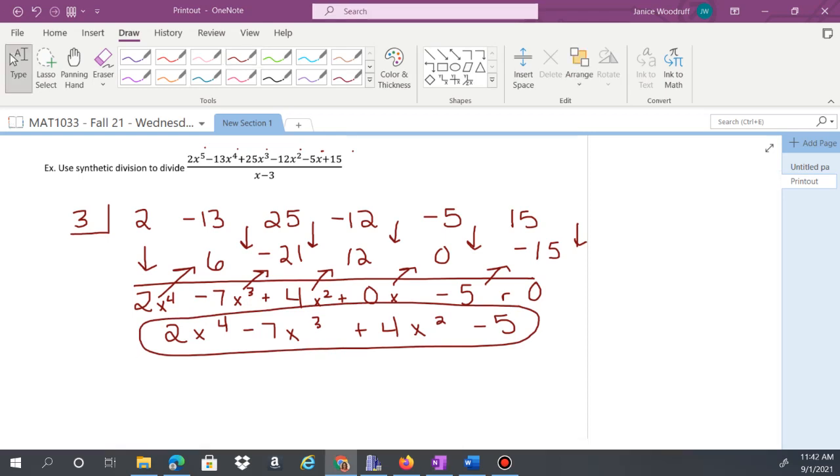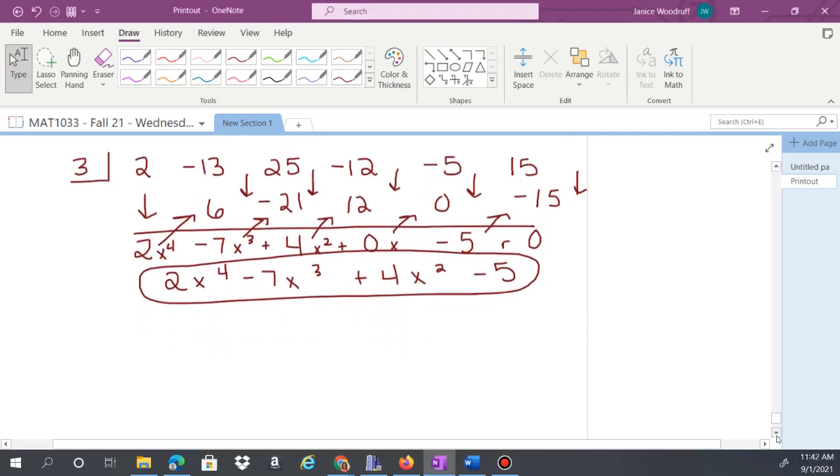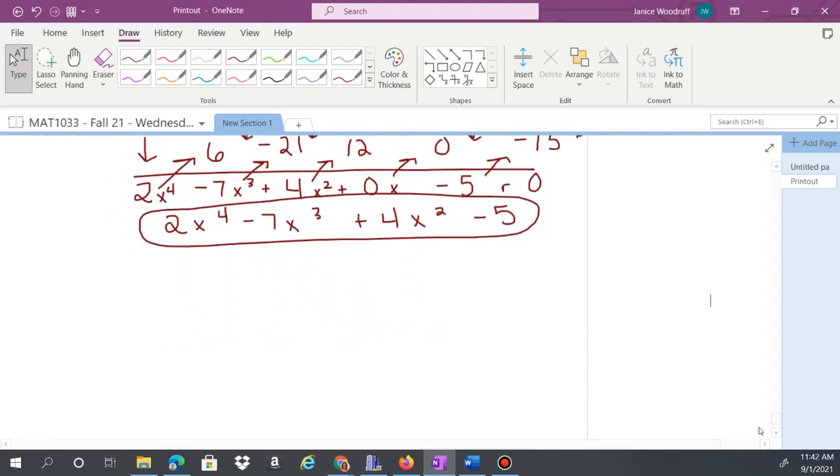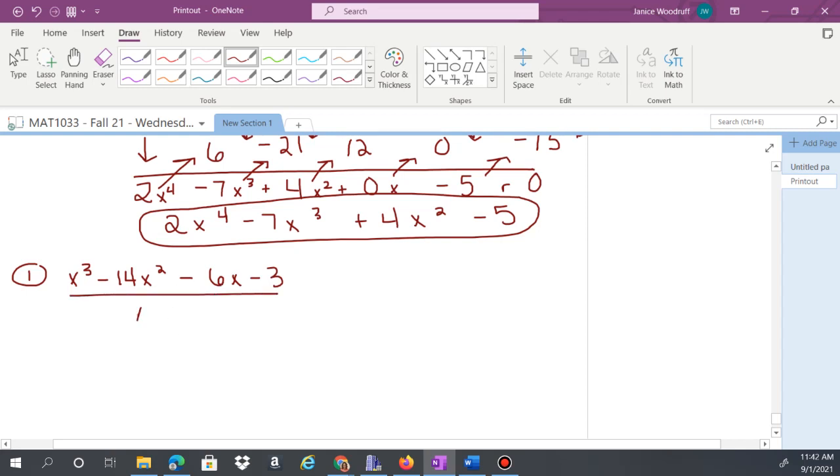Okay, so let me give you a couple problems to try. All right, so first problem, we'll go x cubed minus 14x squared minus 6x minus 3 over x minus 4.